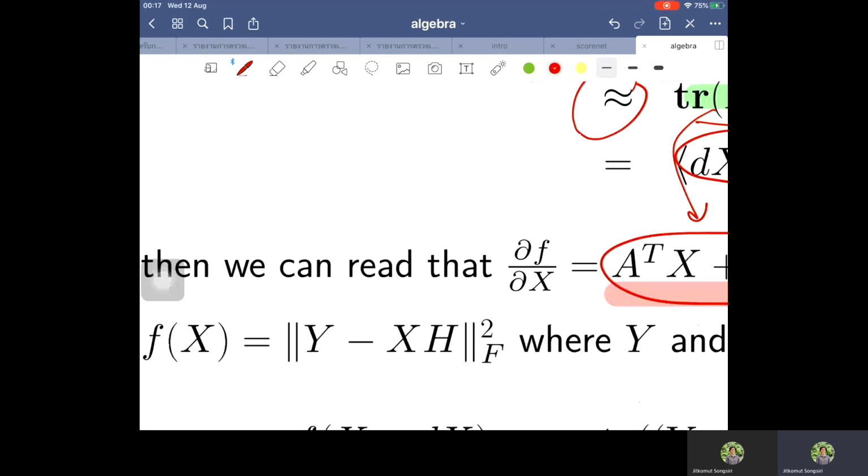Suppose your f(x) is the Frobenius norm squared of y minus xh. Frobenius norm is simply trace x transpose x.